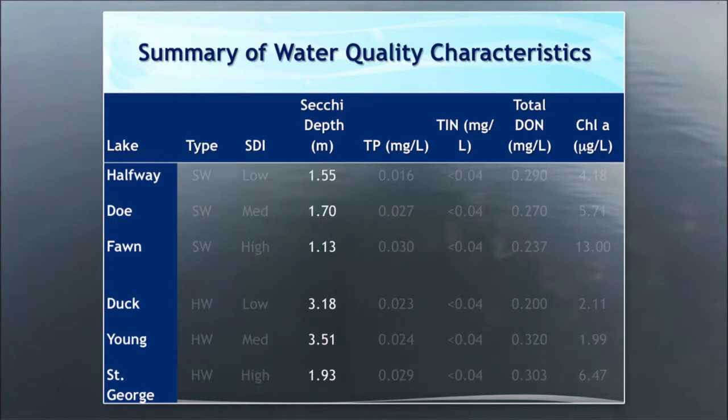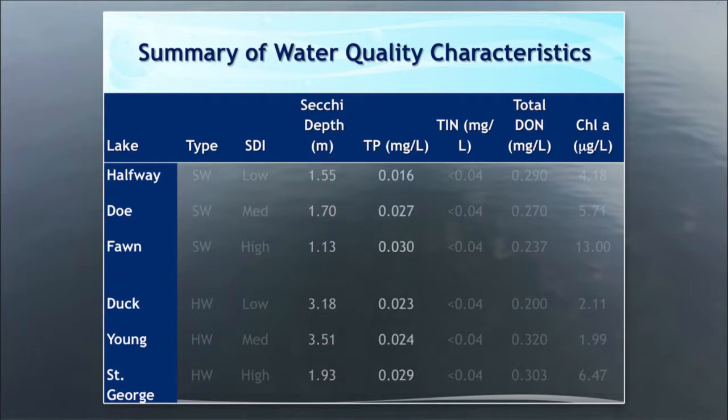Now, Secchi depth is a reflection of water clarity, and this is basically a proxy for how much light is available for algal growth. What we can see is that generally speaking, the soft water lakes have a shallower Secchi depth than the limestone lakes.